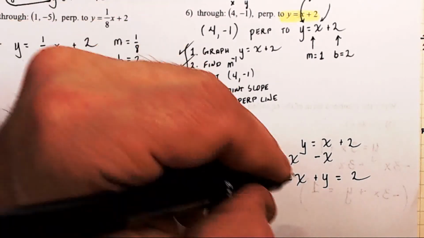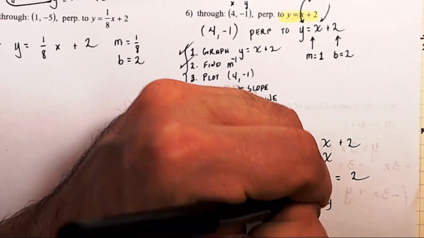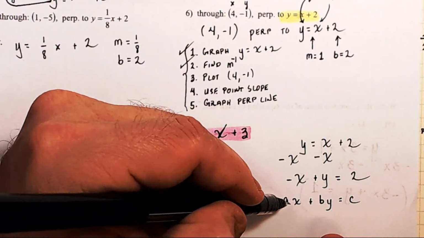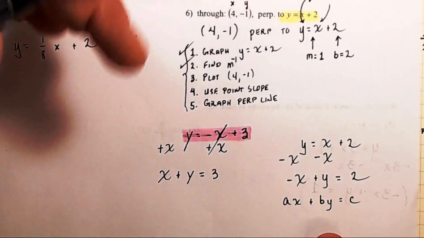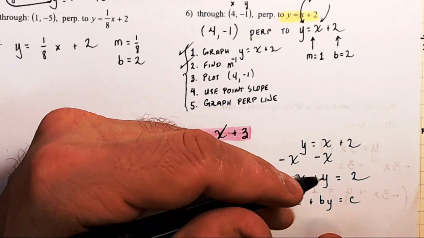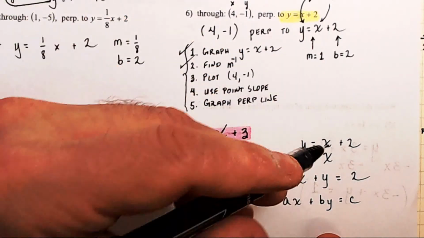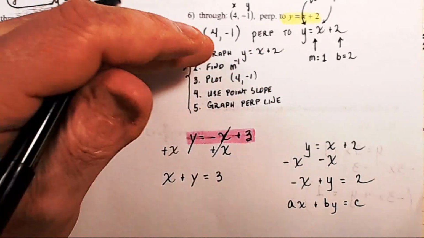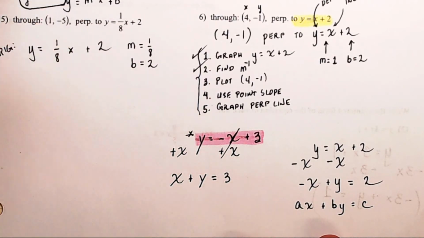The whole idea is ax plus by equals c, where a, b, and c are all integer values or whole numbers, no fractions, and I guess they want it to be positive. So these are fine right here in standard form. And this is the answer to number 6.